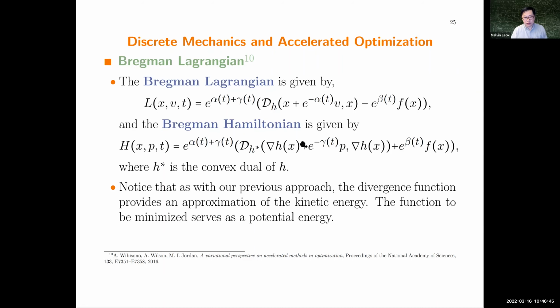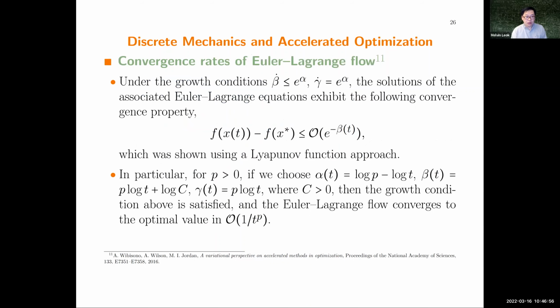As I said, this object has some sort of kinetic energy-like term which involves the divergence function of two nearby points, and then a term which involves the potential. All right. So under these kinds of growth conditions, the solutions of the associated Euler-Lagrange equations exhibit this rate of convergence.